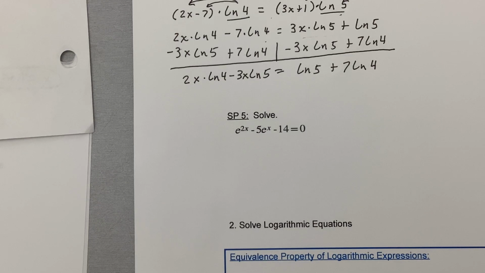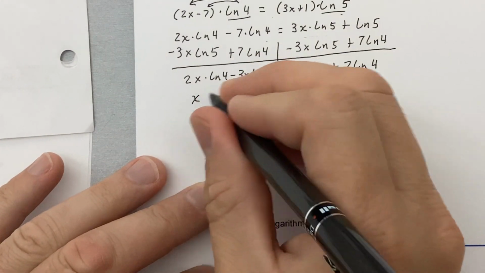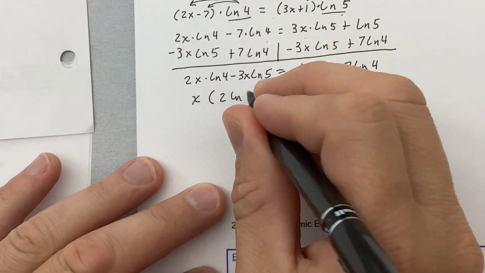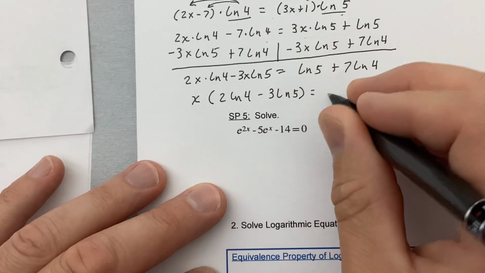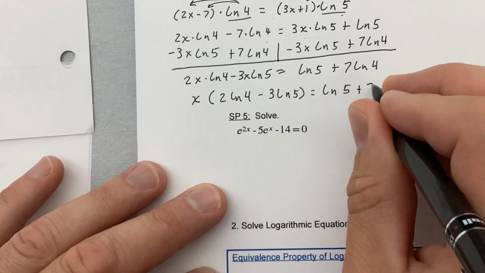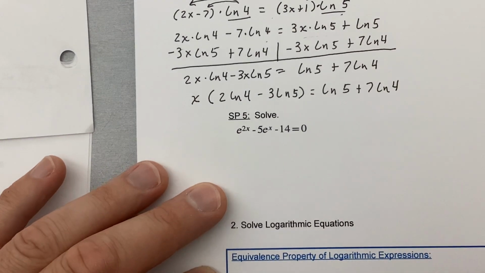What can you do here? Factor out that x, right? And by factoring out the x, it gets it from multiple x's down to 1. So x times the quantity 2 natural log of 4 minus 3 natural log of 5, equals natural log of 5 plus 7 natural log of 4.